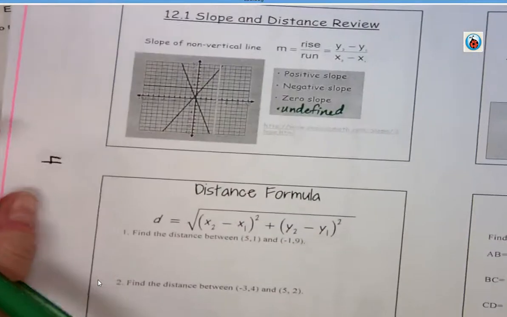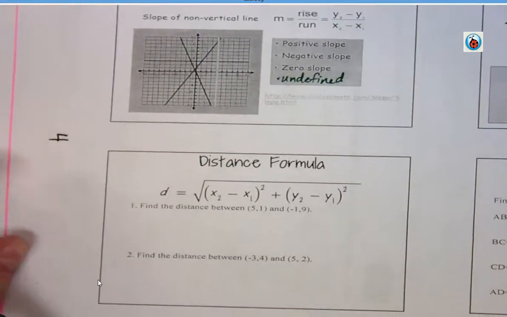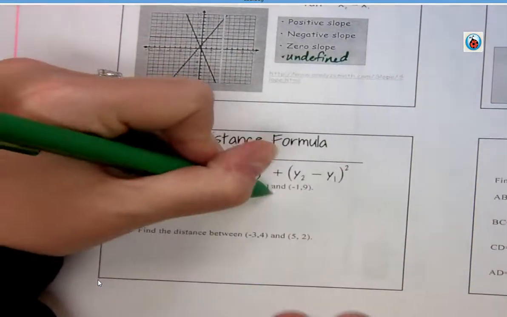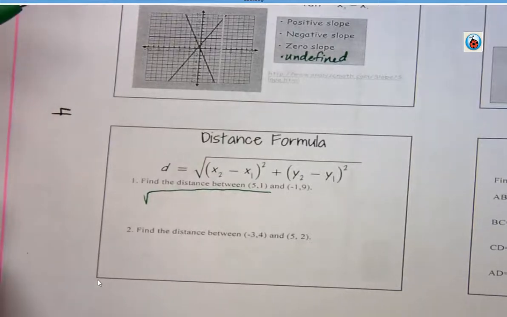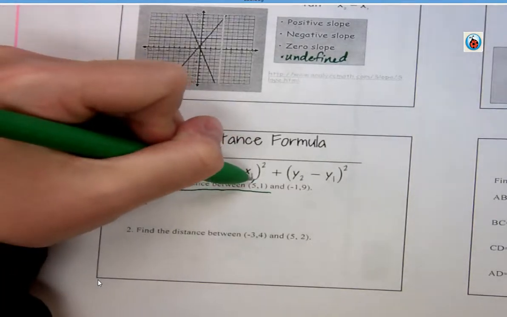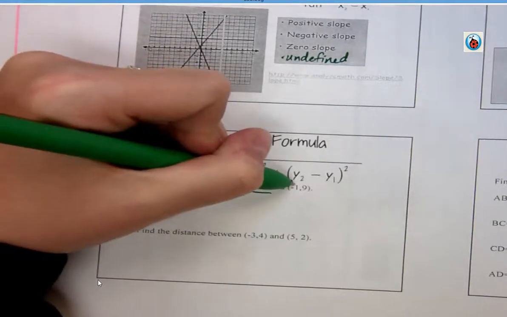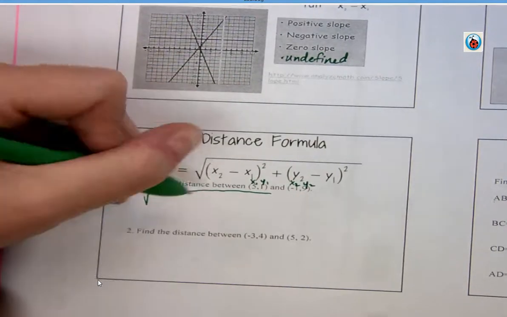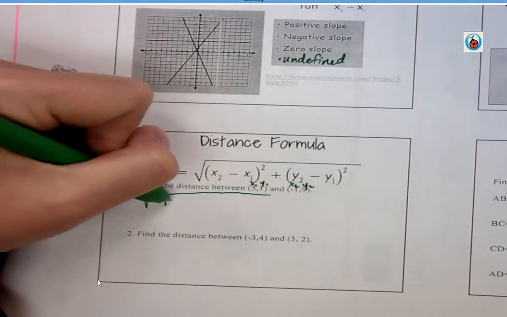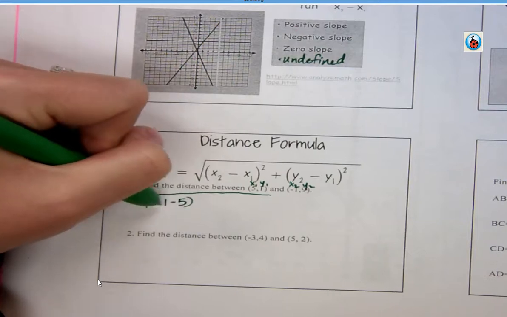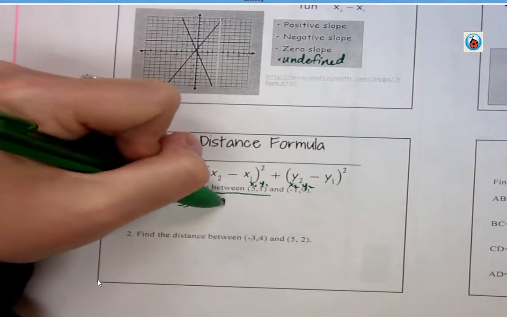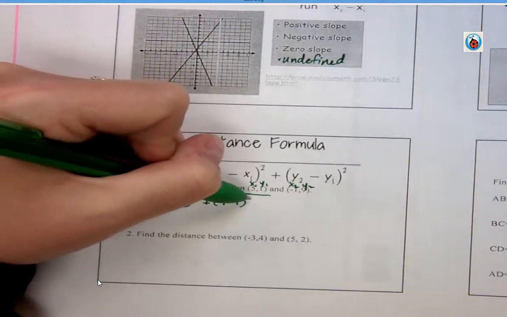Let's move down here to distance formula. Okay, I know you've done this a lot in the past, but we will be doing it a lot this chapter, so here's just a little refresher. We got our x1 and our x2, so x1, y1, x2, y2. You're labeling your points. Now we can subtract -1 minus 5, and we'll square it. And then 9 minus 1, and we'll square it.